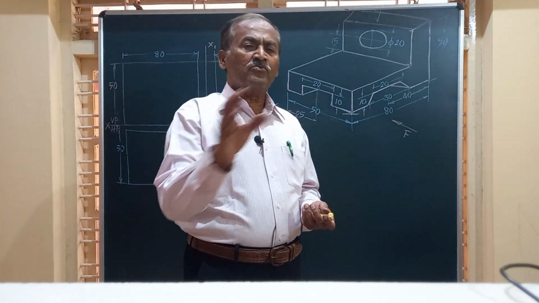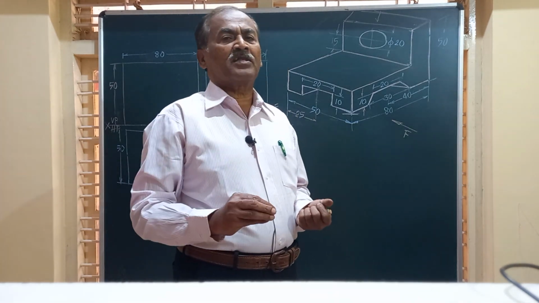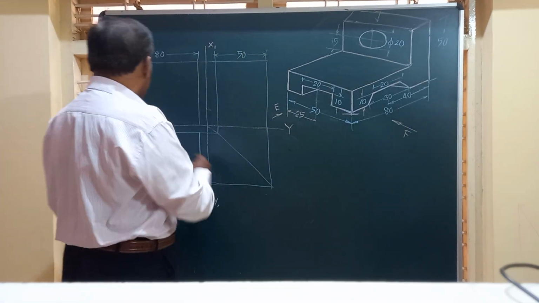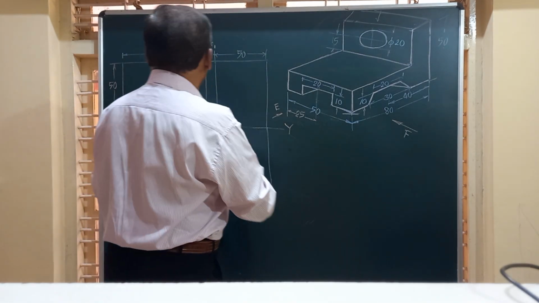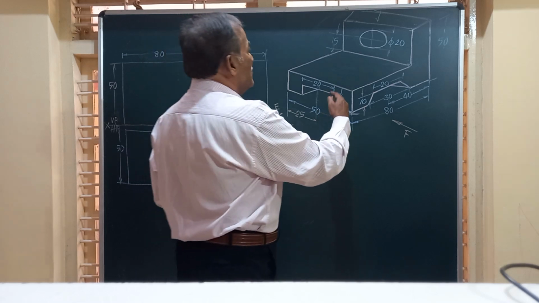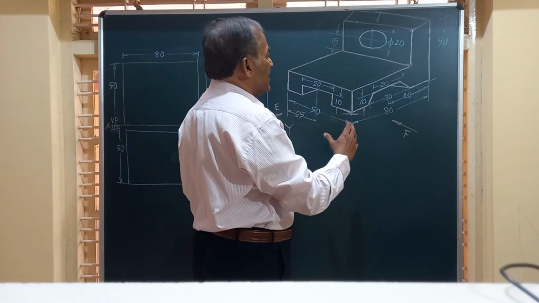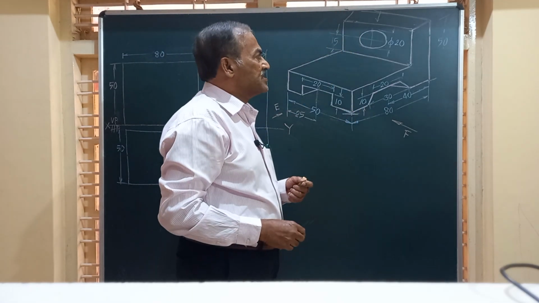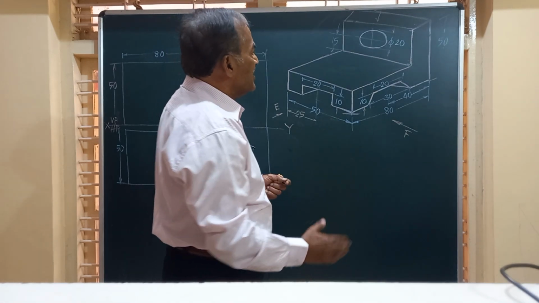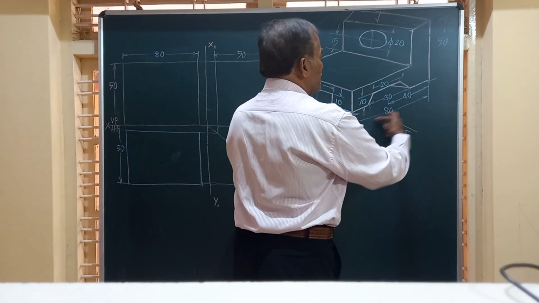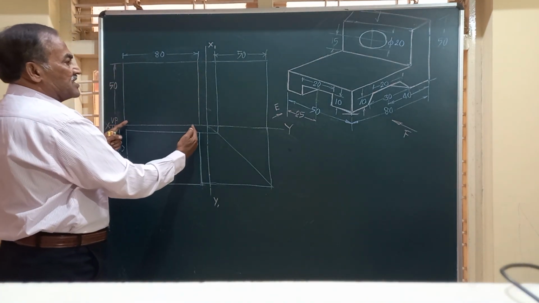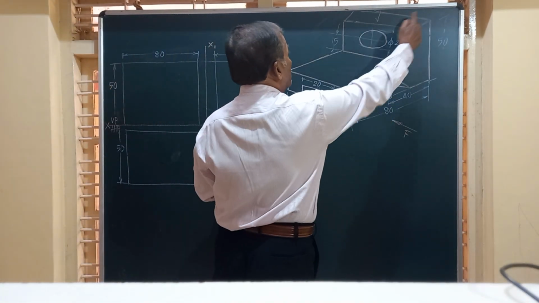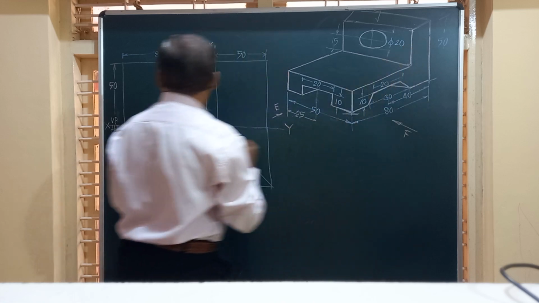Friends, to make this process very simple, first of all, I have marked an XY line, and then I have made a box in the front view, in the top view, and also in the end view. If you look at the board, in the front view, the maximum width is 80. That 80 I have marked here. The height of this box is 50 mm.